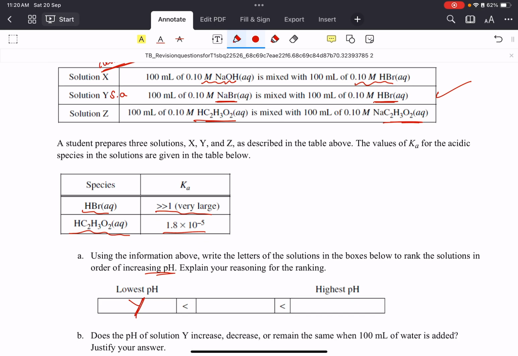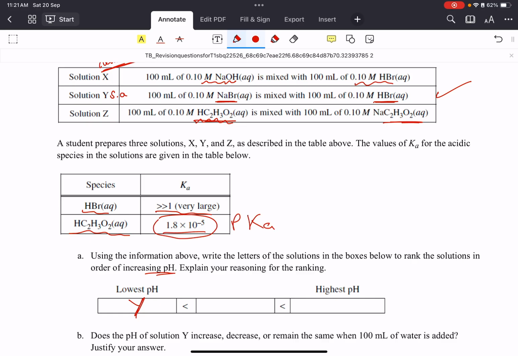Now, this one is neutral, so the pH at 25 Celsius would be neutral. Now for the solution of Z. This is an acid, well actually this is a buffer. From the Ka, I can calculate the pKa.